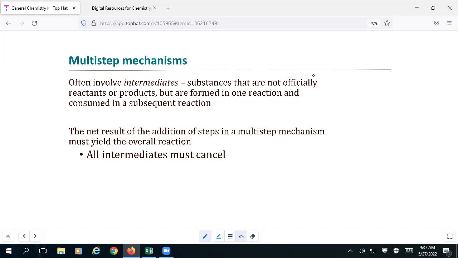Same kind of thing. If I have a mechanism and by the time I add together everything, I see that there's some intermediate on one side and some intermediate on the other, I can cancel them out as well. In order for a mechanism to be valid, at minimum, that condition has to be met. I have to be able to cancel out all the intermediates.